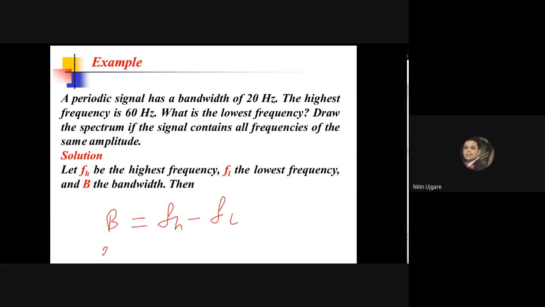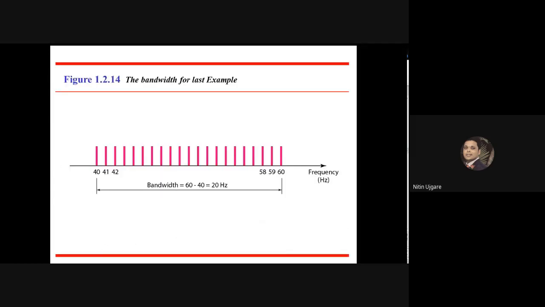We have been given a bandwidth of 20 hertz, and the highest frequency is 60 hertz, and we're supposed to calculate the lowest frequency. So bring this term to the right hand side and the lowest frequency term to the left hand side. So the lowest frequency is 60 minus 20, which gives me 40 hertz. So the lowest frequency in this signal is 40 hertz.